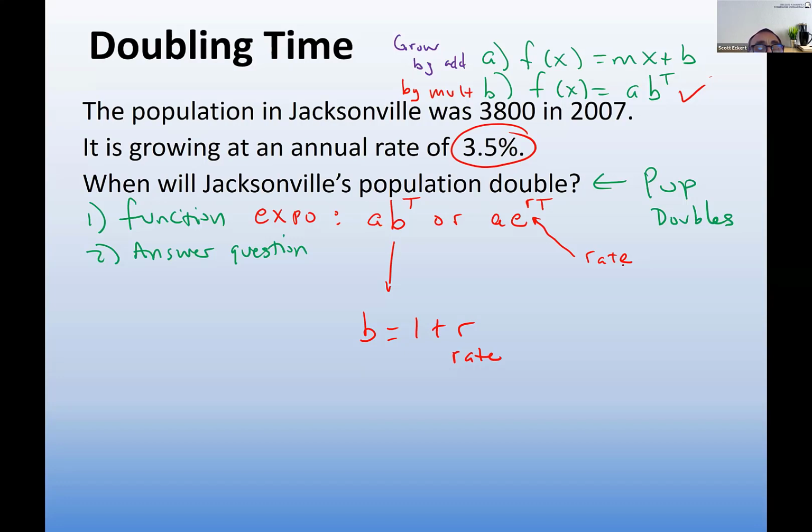Any other comments or input on how we would know which one to use? It would be the second one if the word problem said e to the, and since it doesn't say e to the, it would be the first one. We're talking about the annual rate of 3.5.